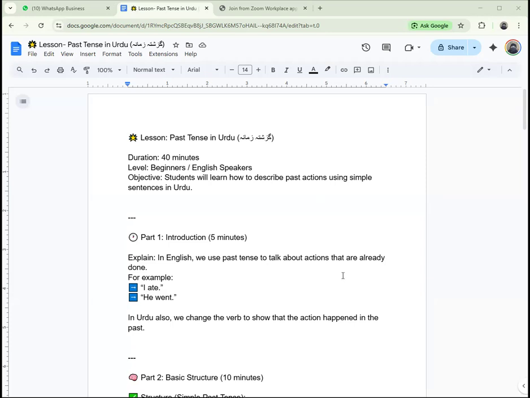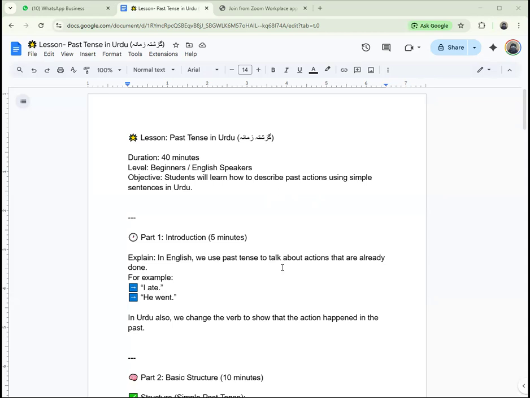Today we are trying to learn about past tense in Urdu. The most used tenses are mostly the present continuous and the past tense. So here we have the introduction, an explanation in English.